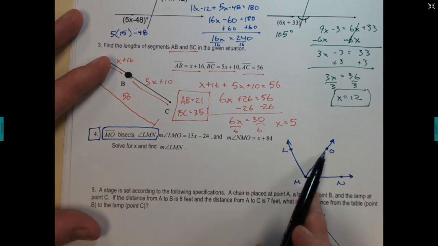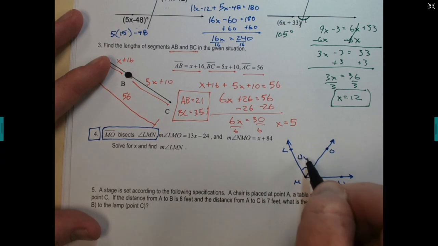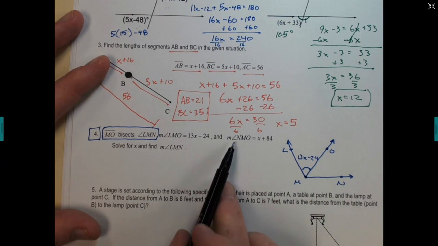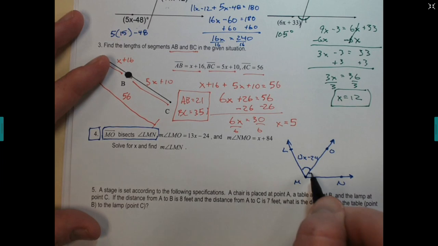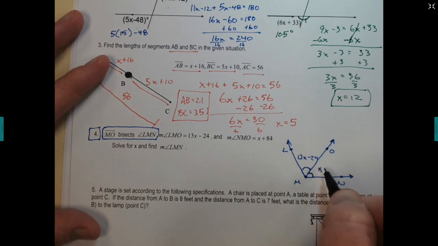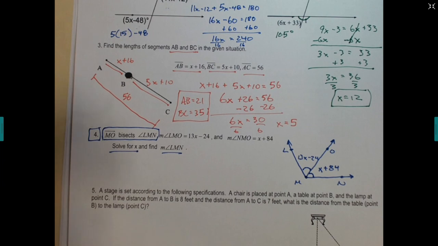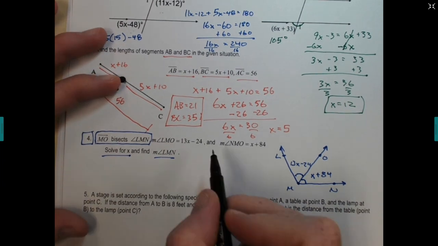LMO, this angle, is 13x minus 24. NMO, that's this angle since it was cut in half. I know they're the same. That's x plus 84. They want us to solve for x and find this angle. Well, the equation, they should be equal.